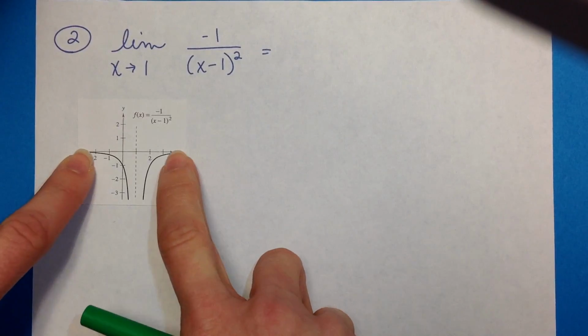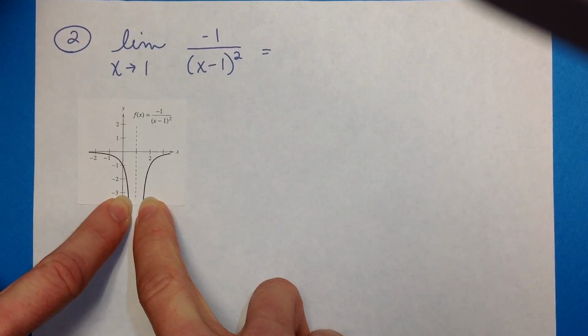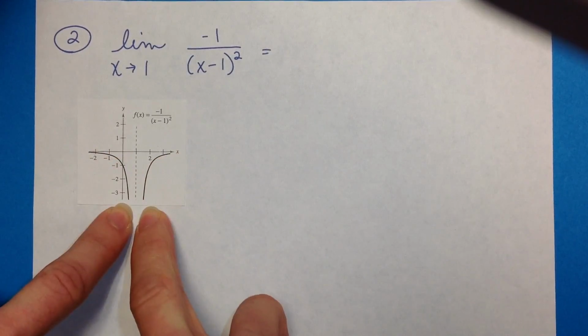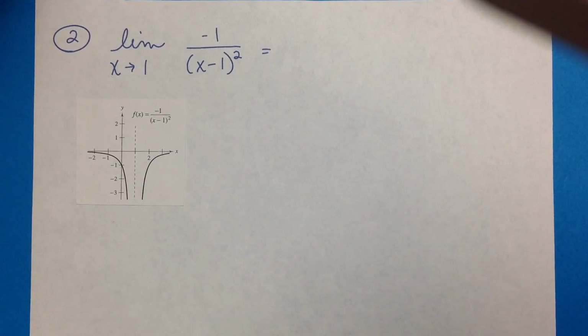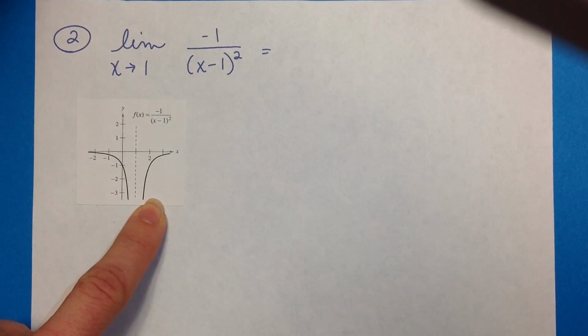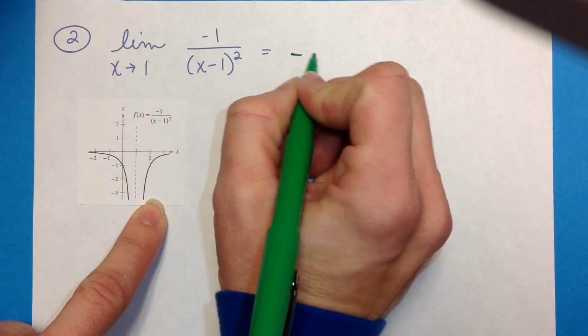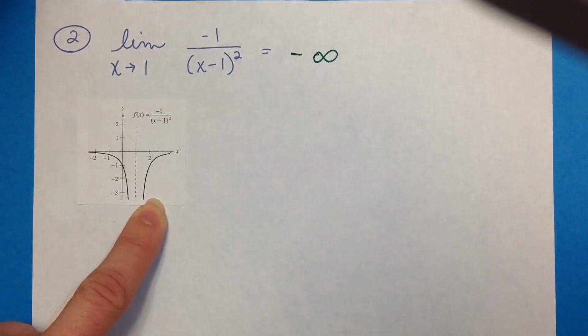But left and right here, both sides do exactly the same thing. They both turn and go down forever. So your limit from the left and your limit from the right, both being the same, then you could just write it as the limit as x approaches 1 of this function equals negative infinity.